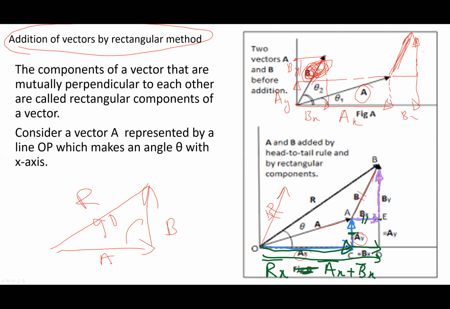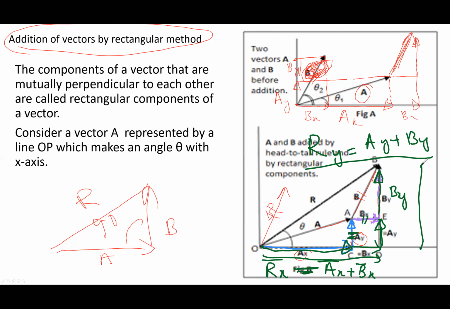This is the vertical component, so AY, and this is BY. RY is equal to AY plus BY. This is the resultant vector.